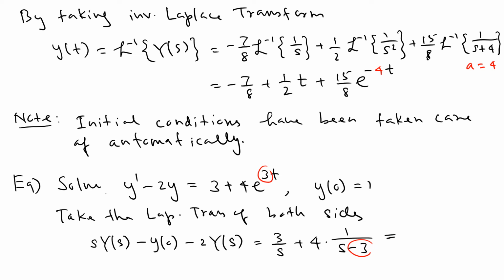It's always a good idea to simplify this. Take the common denominator. If you take the common denominator, what's going to happen? You just need to cross multiply them. So you're going to get s times s minus 3. If you cross multiply, you get s minus 3 times 3. This is simply the cross multiplication.